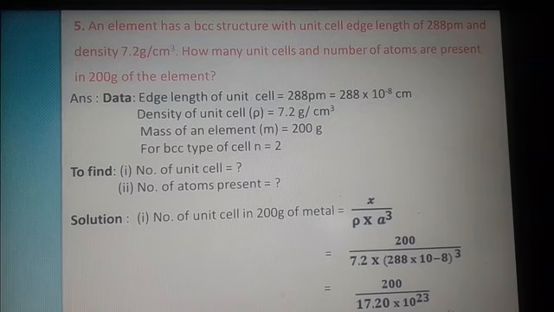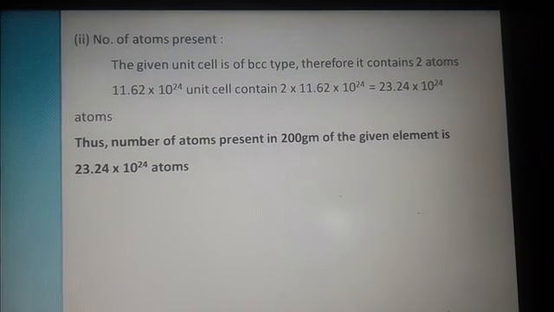We are getting here 11.62 into 10 to the power 24 unit cells. The number of unit cells in 200 gram of metal is equal to 11.62 into 10 to the power 24 unit cells. Now we will determine number of atoms present. अब यहाँ पर हमारी सेल कौन से टाइप की है? This is the cell of BCC, body centered cubic type of cell.